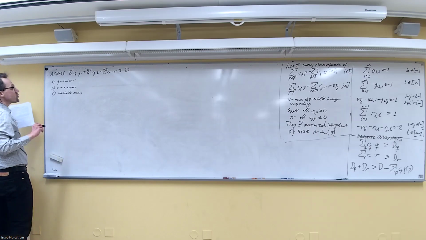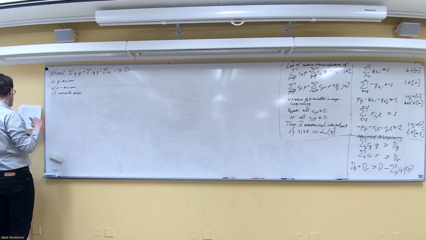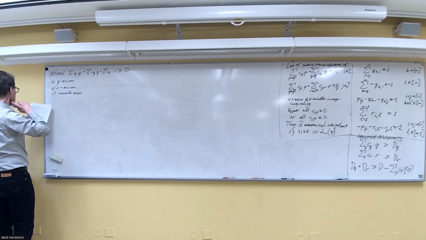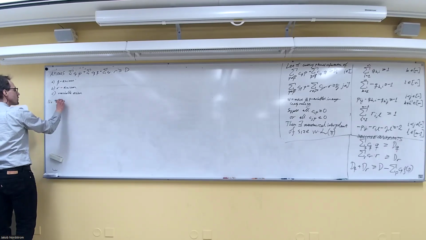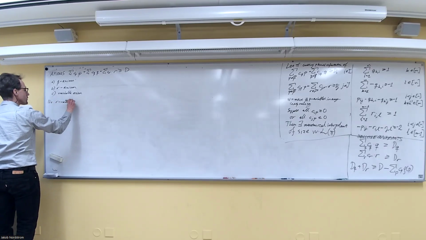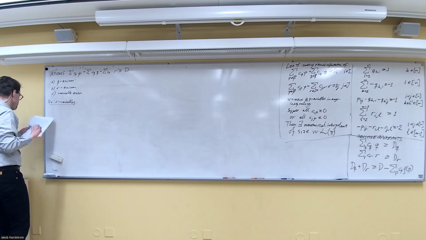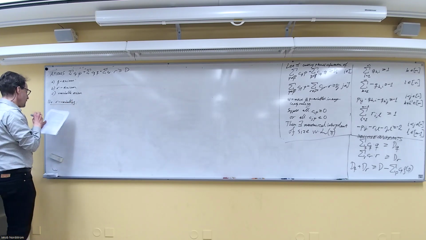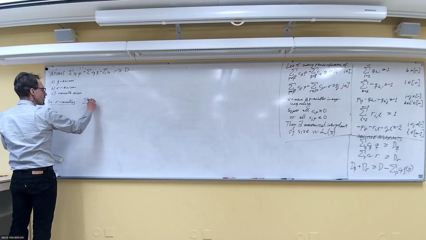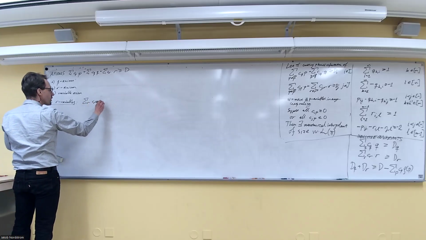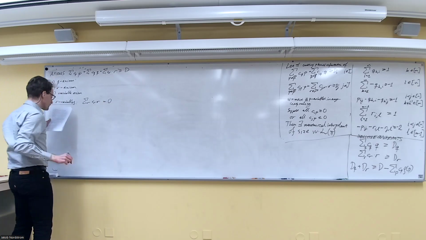Okay, so let's just do a case analysis on the R variables. So case one, no R variables. Well, that means that CR times R, that linear form, is just equal to 0.